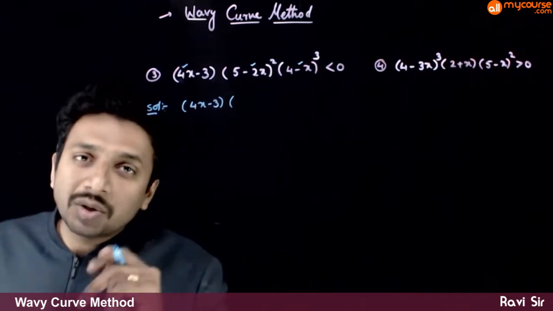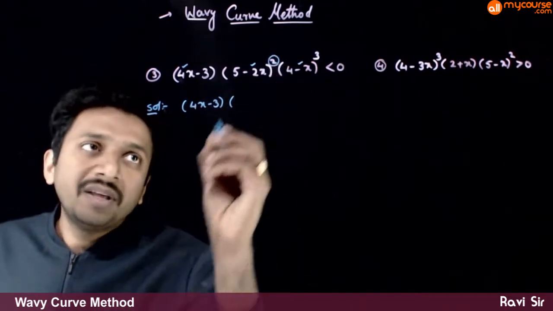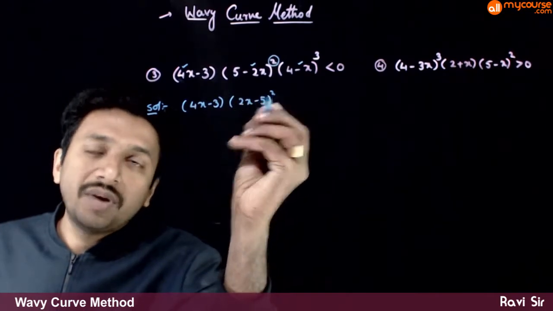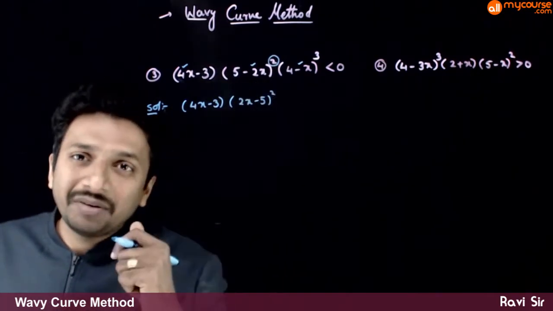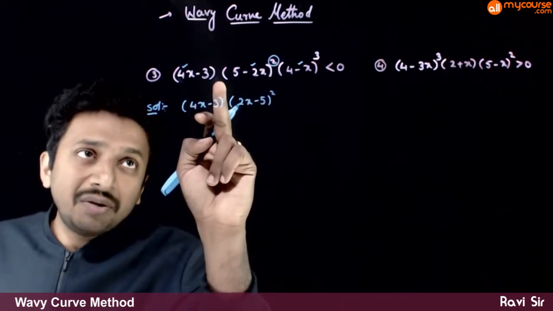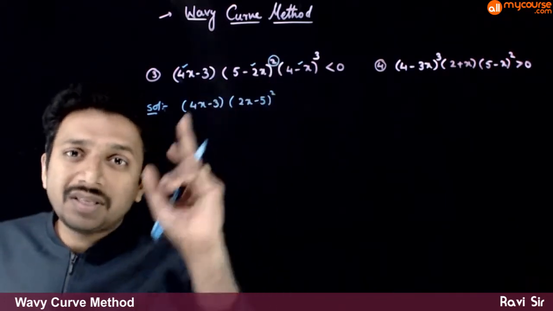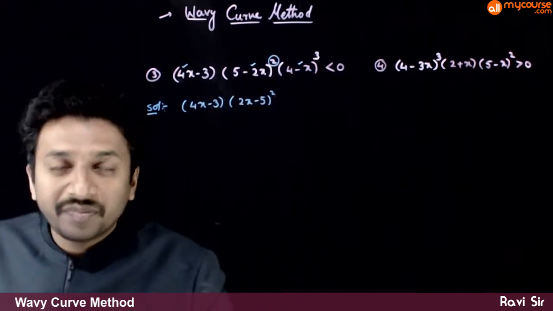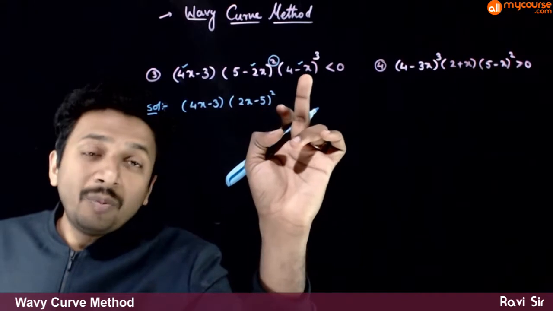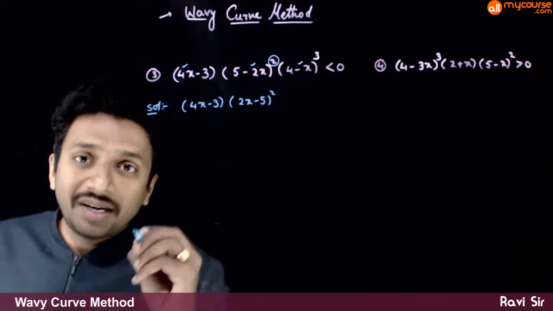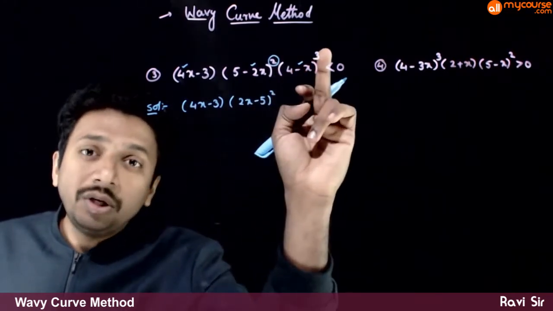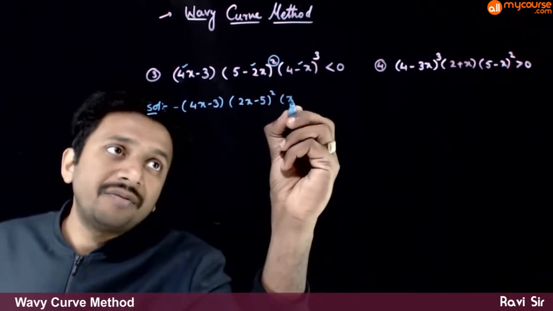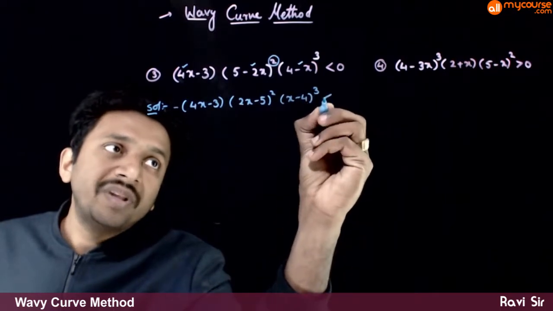So (5 minus 2x) whole square, because the power is even, if I write (2x minus 5) whole square, if I take a minus common, outside you get (minus 1) whole square, which is same as 1. That means (5 minus 2x) whole square is same as (2x minus 5) whole square. And from 4 minus x, if I take a minus outside, you get (minus 1) whole cube, which is a minus. So you have an extra minus of (x minus 4) whole cube is less than 0.